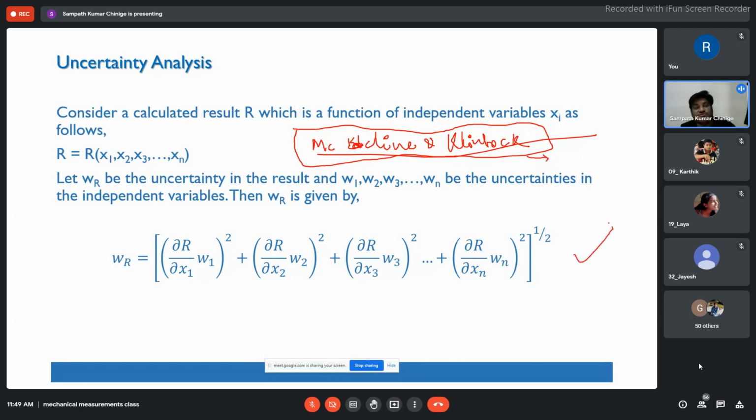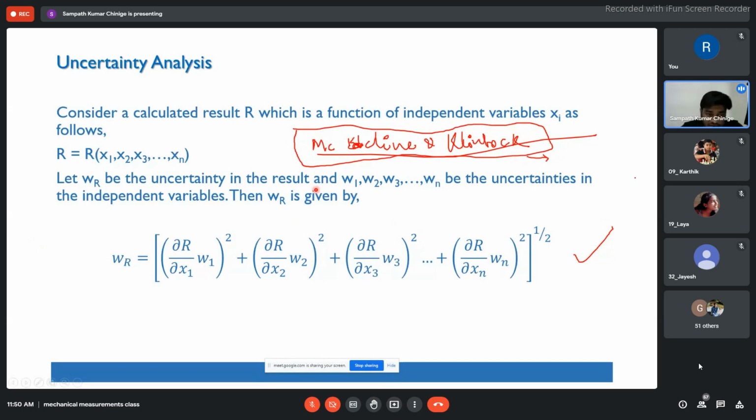You have to publish a paper. You have done some readings and measurements. You have to say that your measurements have an uncertainty of this range with this percentage of confidence. So now we will briefly see, your time is another 10 minutes. Okay.